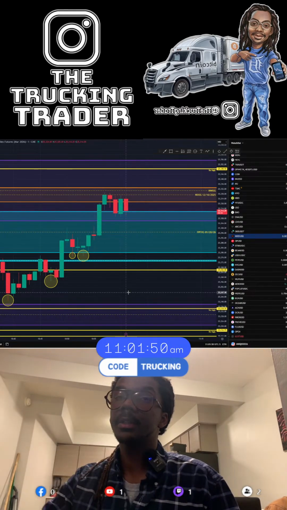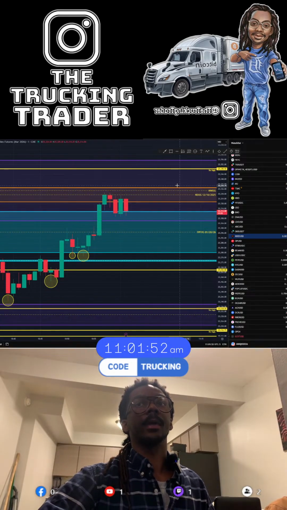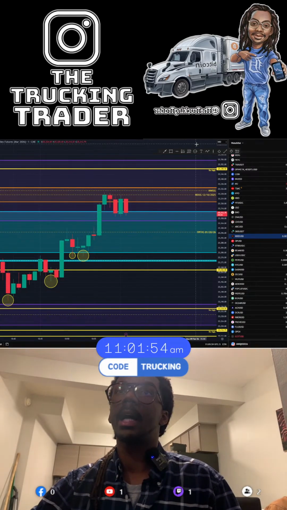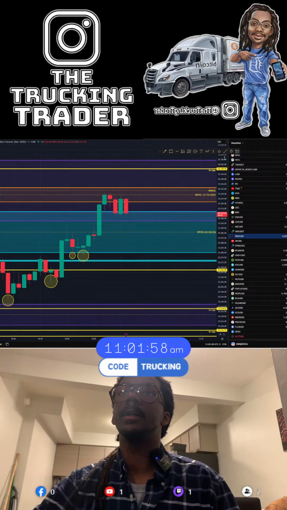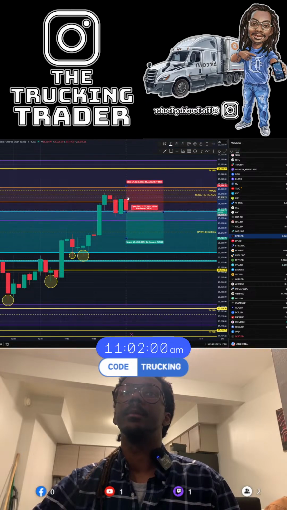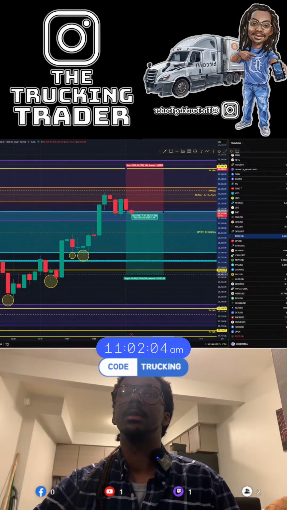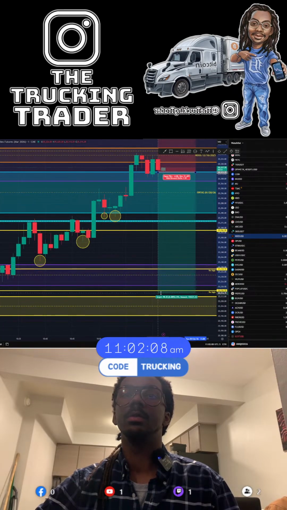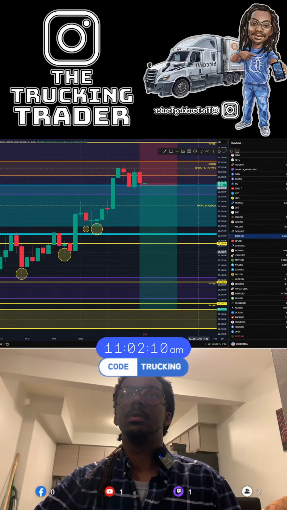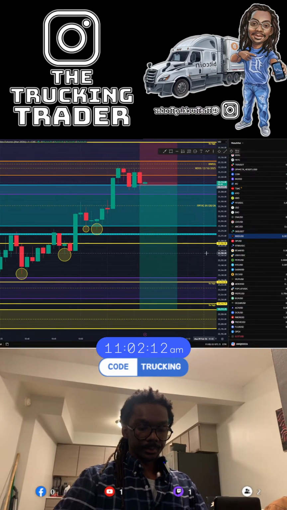It's always better to wait for confirmation, but what I'm thinking is that I could possibly use this swing high as a stop loss and then target down here, right? So that's a 1 to 2, almost a 1 to 3, right?